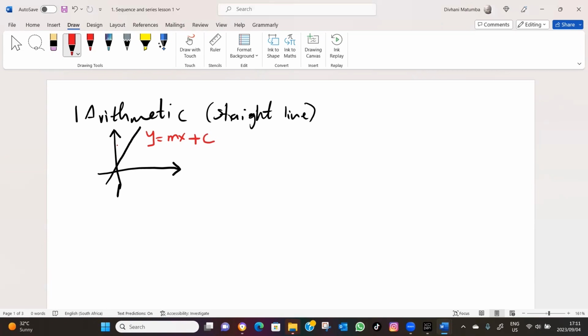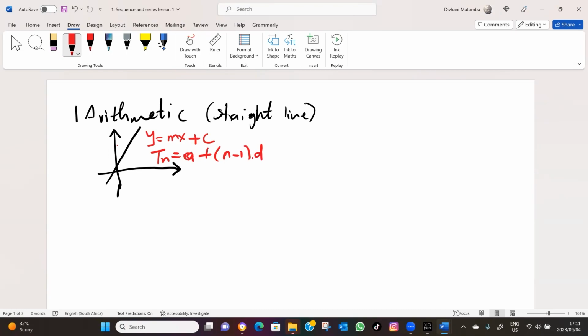Now, the general term for the arithmetic sequence is Tn equals a plus (n minus 1) multiplied by d.